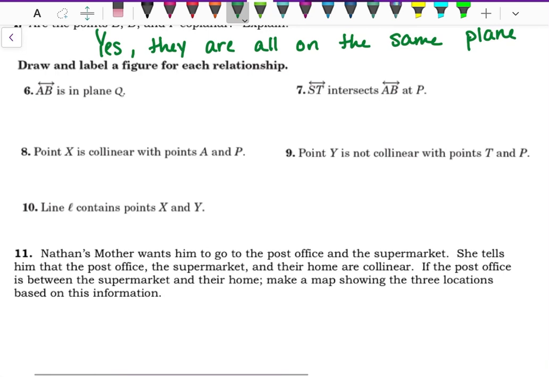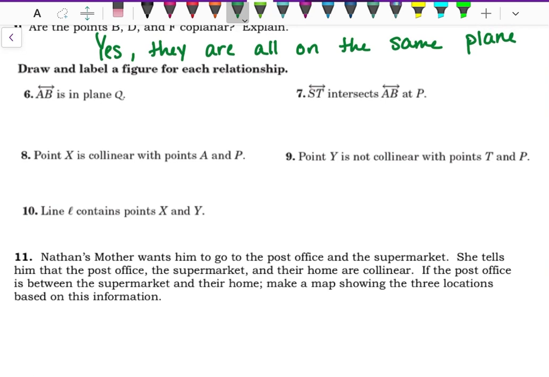Okay, next we're going to draw and label a figure for each relationship. We have line AB that is on plane Q. So here we go. Here's my plane. Plane is just like a piece of paper on its side. We'll call this plane Q. And on that plane, we have line, and it'll go on forever, AB.